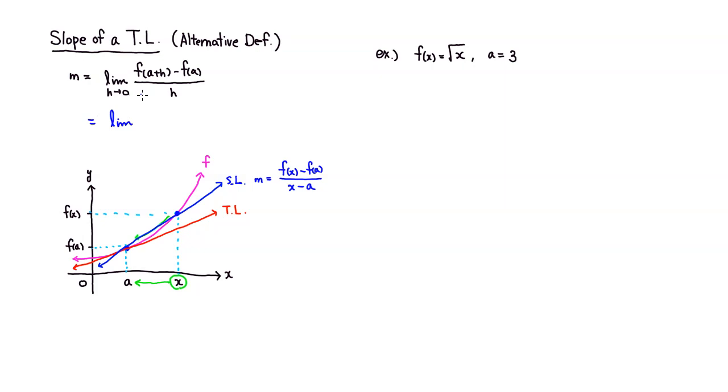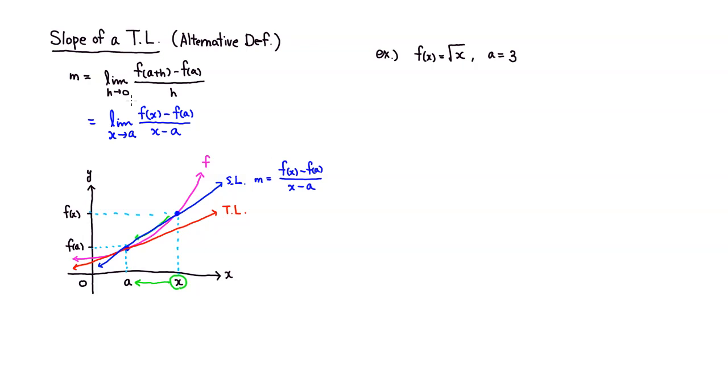The difference quotient is f of x minus f of a all over x minus a. Then we let x approach a. So this is the alternative definition of the slope of a tangent line.